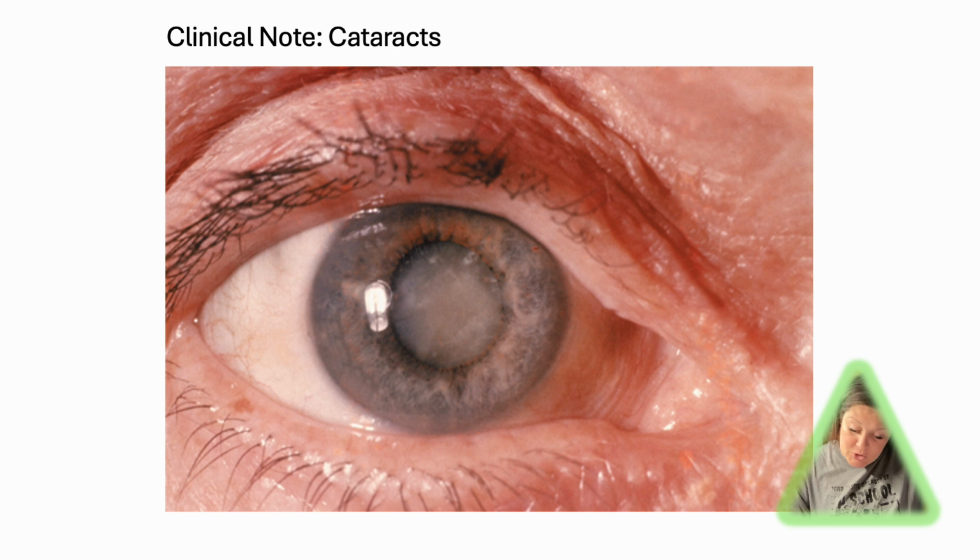And this is due to a buildup of proteins over time. And we have surgical treatments for this, excuse me, where we remove the lens and replace them. They can be caused from drugs or sunlight or injuries, but for the most part, it's something that happens over time.